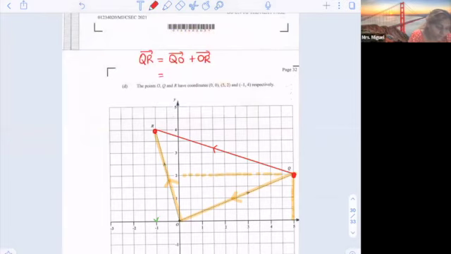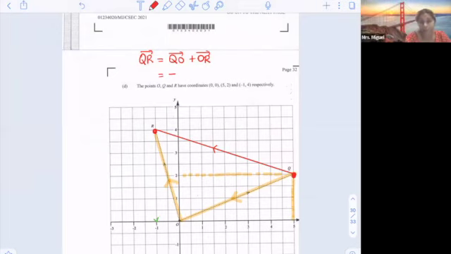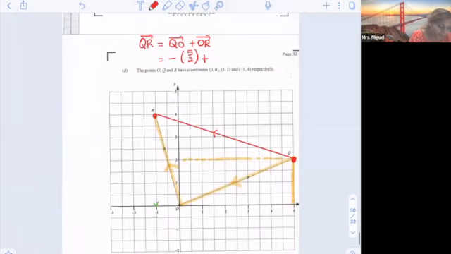So this would be negative, because if we go from O to Q, it's positive 5, 2. So this would be negative 5, 2. And the vector OR, we just worked out that was negative 1, 4. So work out this for me. Negative 5, negative 1, negative 2 plus 4. Work out that for me and tell me what you get.